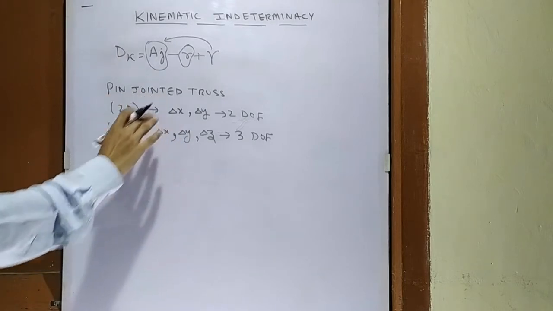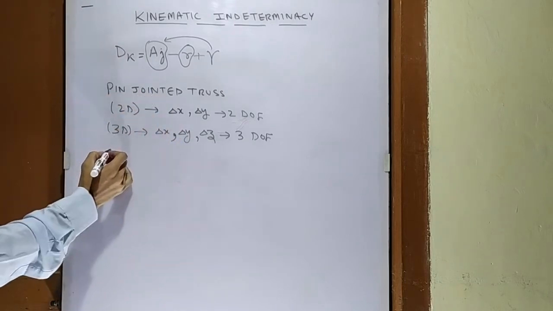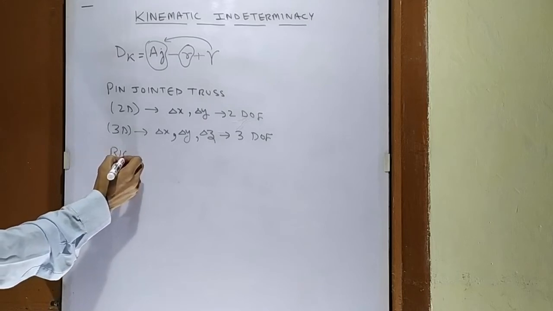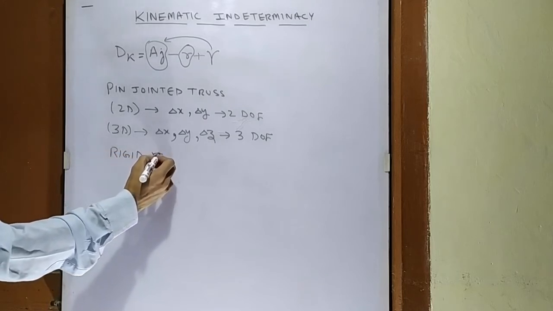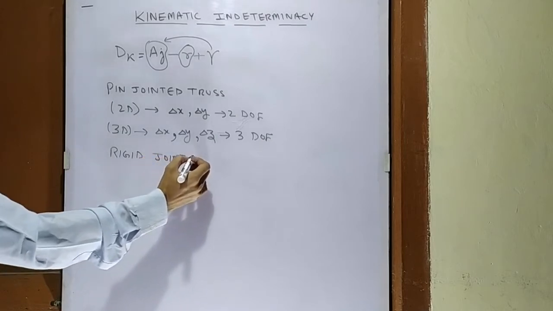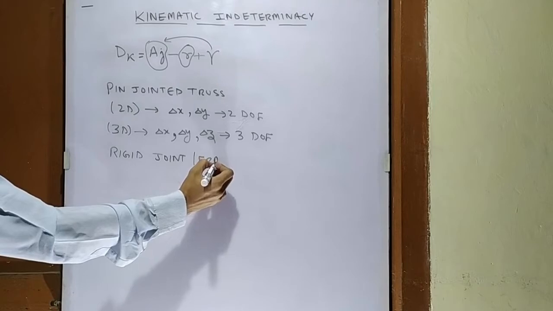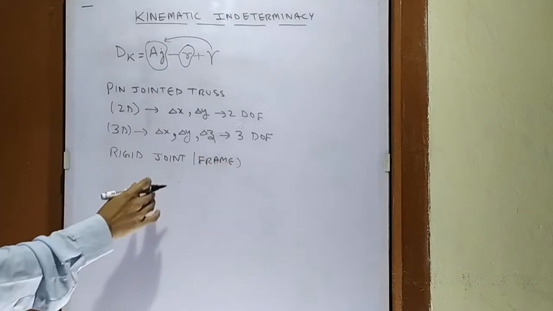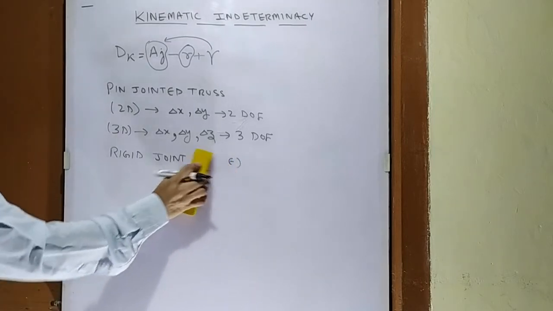Okay, this is for the pin jointed structure. Now if I talk about rigid jointed structures, what does it mean? Rigid jointed means frames or beams. Let us write it as rigid jointed structure.